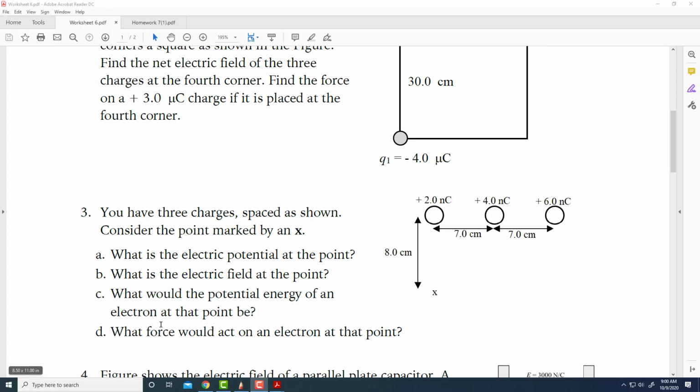Now for C and D, C is asking what would be the potential energy of an electron at that point. So we had three charges, and we found the potential of these three charges at this point.